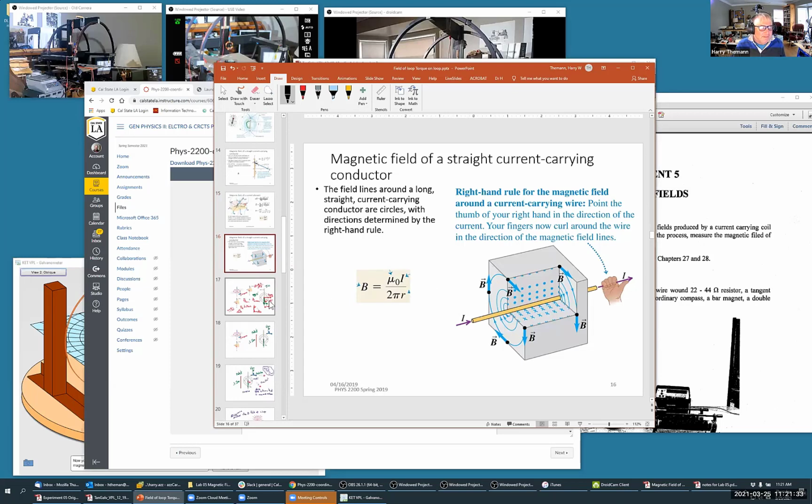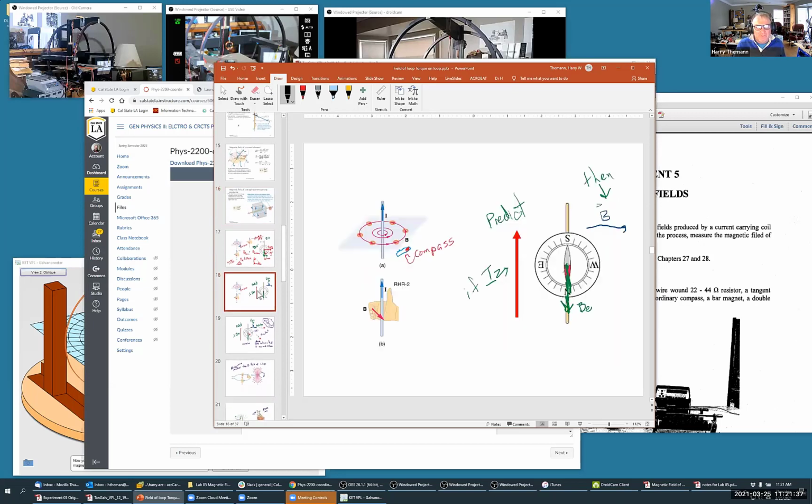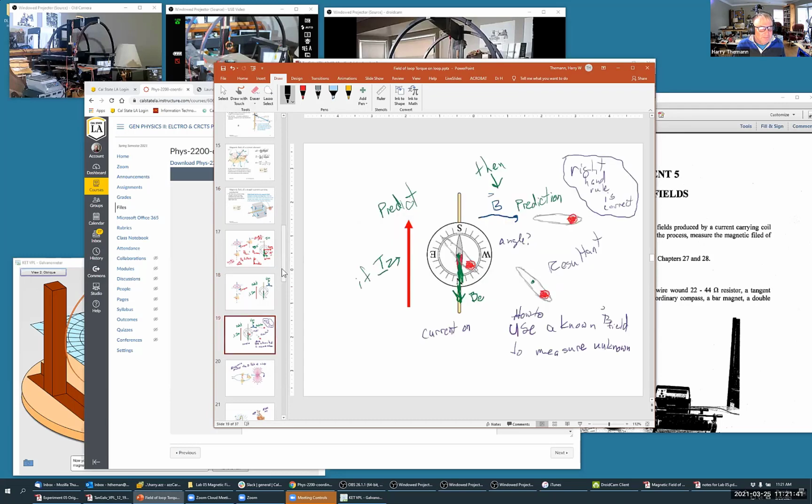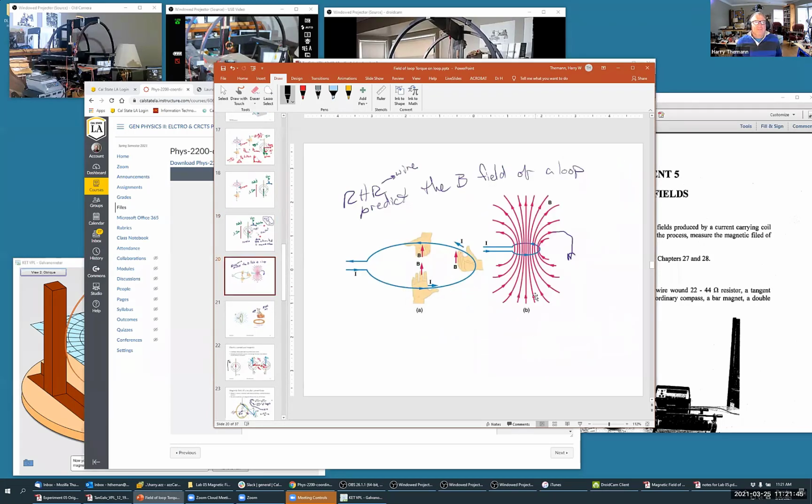And then we developed our right-hand rules. And then you can bend it into a circle, and you can see how you still have a B field going around, but the ones in the middle tend to add together. So you have this nice field here.